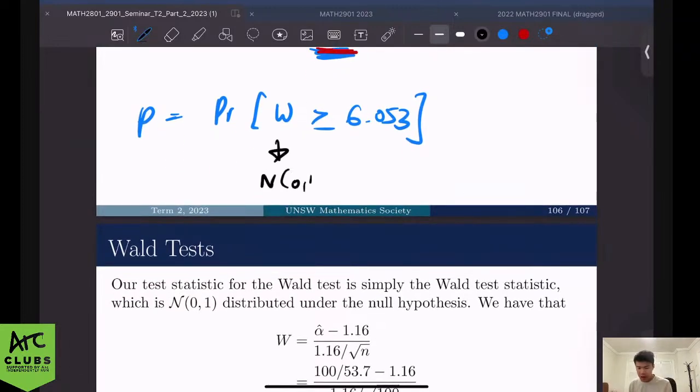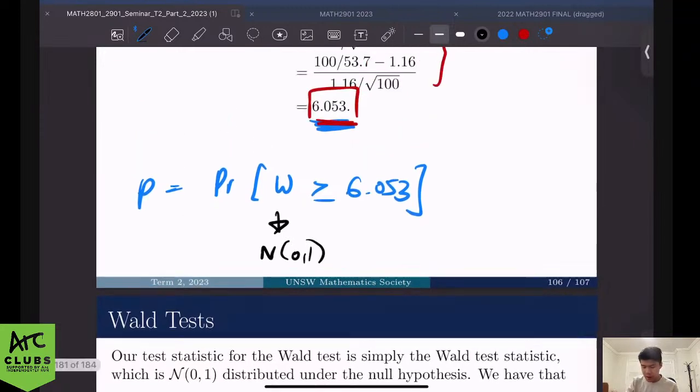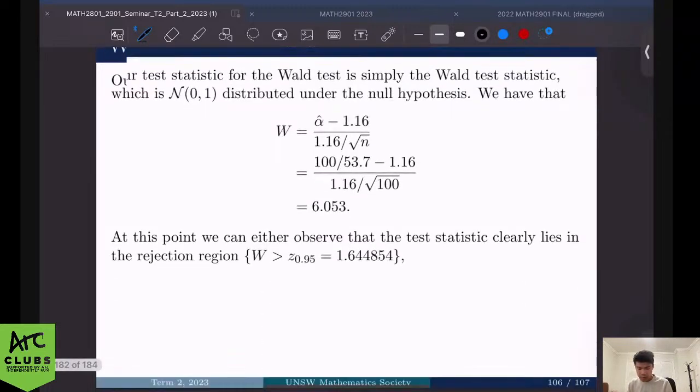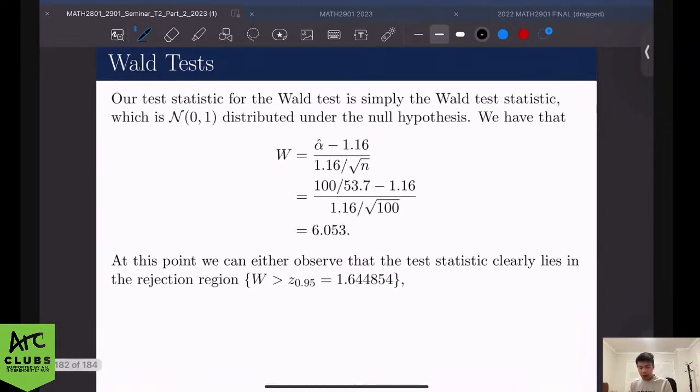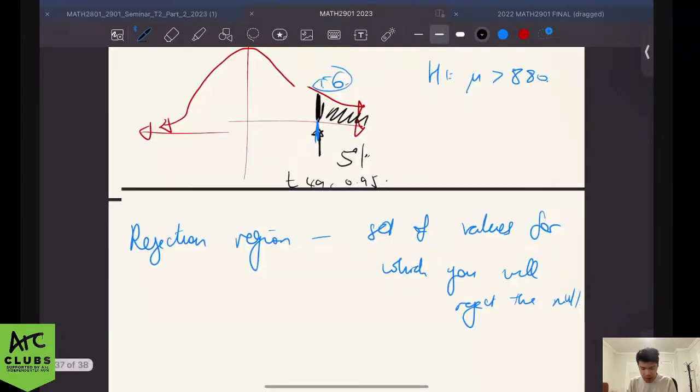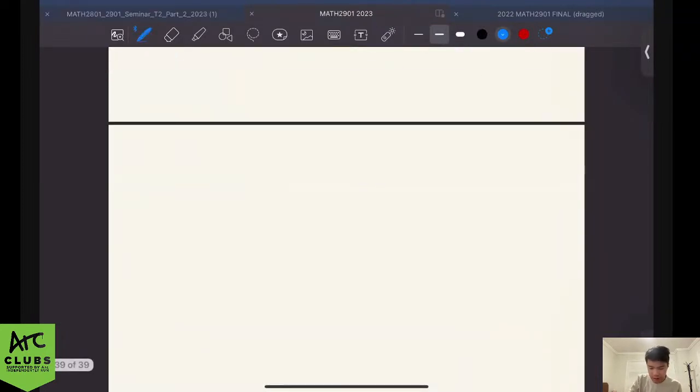So you can easily calculate this with the normal distribution in R. It'll be very, very low. Another thing you could do is use the rejection region method. Remember, the rejection region method is basically the threshold at which we reject. I'll write this out again: your Wald test statistic follows a normal distribution.